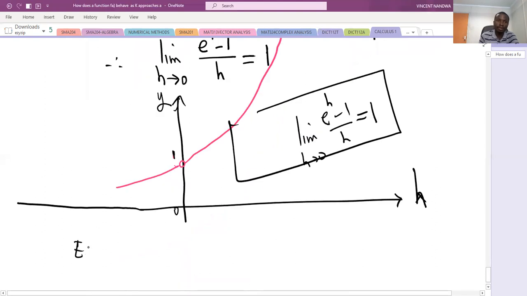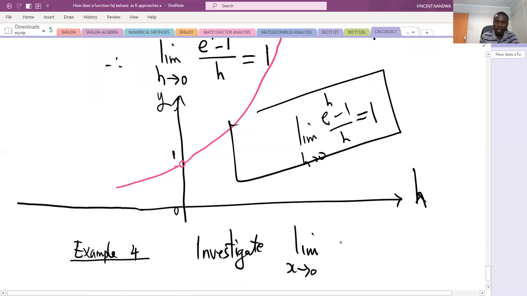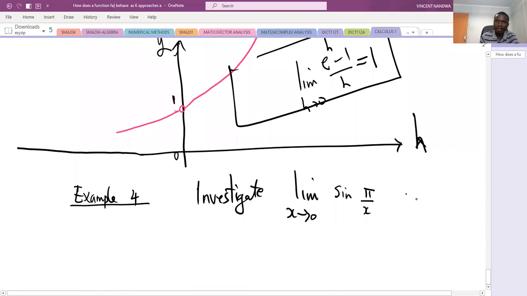So example 4, investigate the limit as x approaches 0 of sine pi over x graphically and numerically.